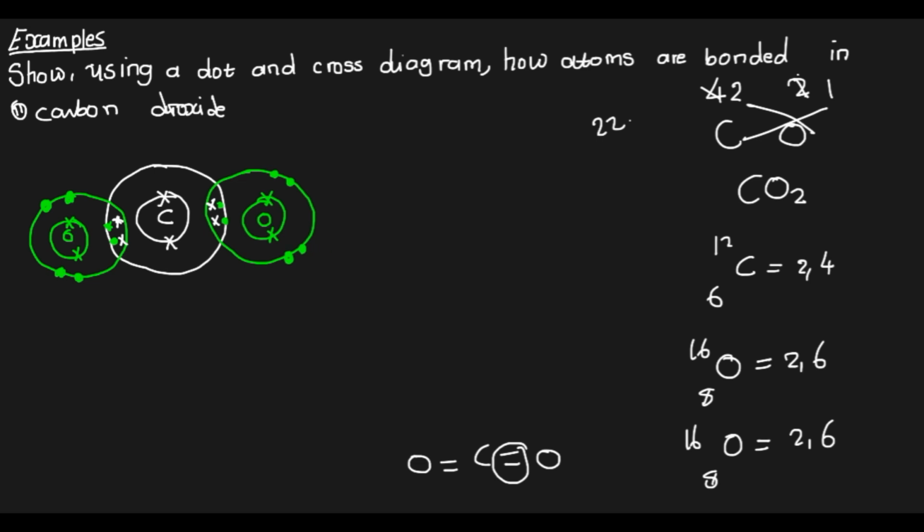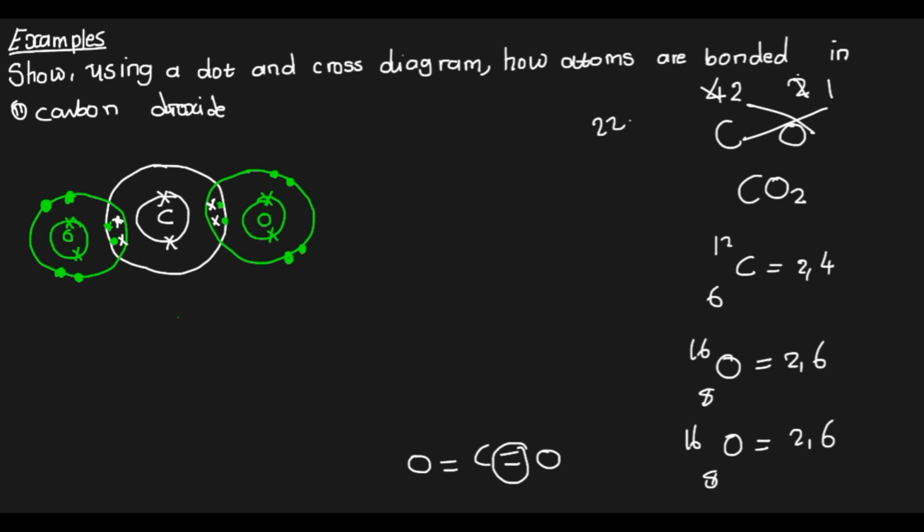Under oxygen we have 8 electrons in its outermost shell, and also carbon has 8 electrons in its outermost shell. So in total we can count: 1, 2, 3, 4, 5, 6, 7, 8, 9, 10, 11, 12, 13, 14, 15, 16, 17, 18, 19, 20, 21, 22.